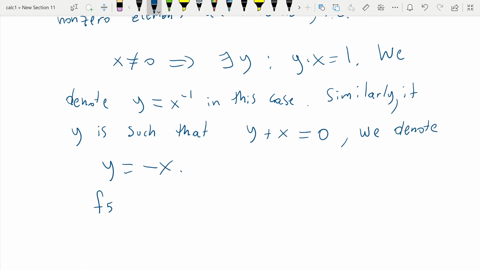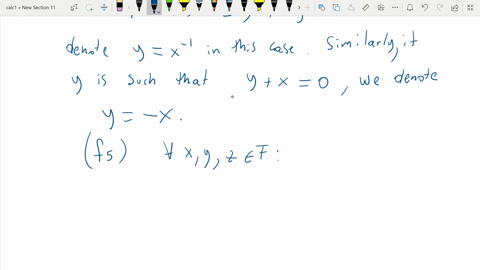That's property F5, which is the all familiar, so let me just write it first. So, for all x, y, z in F, well, let's just write it like this.